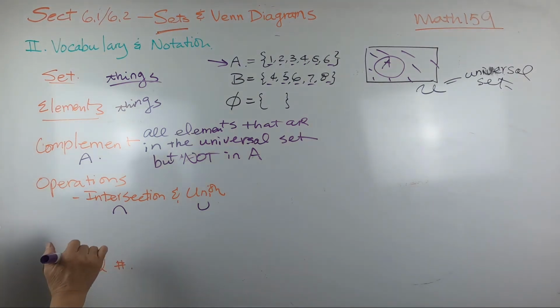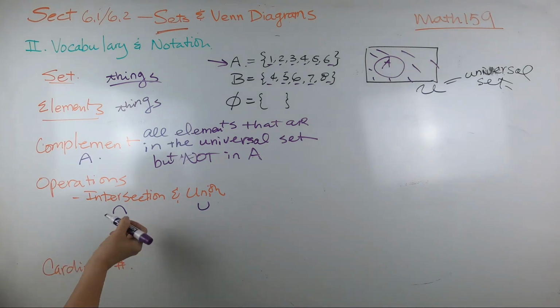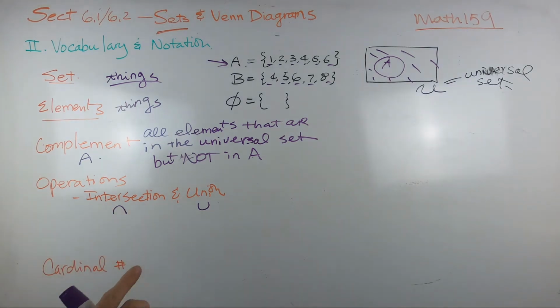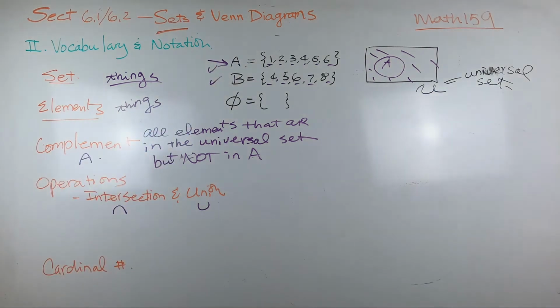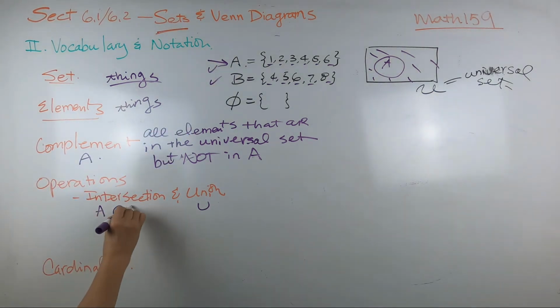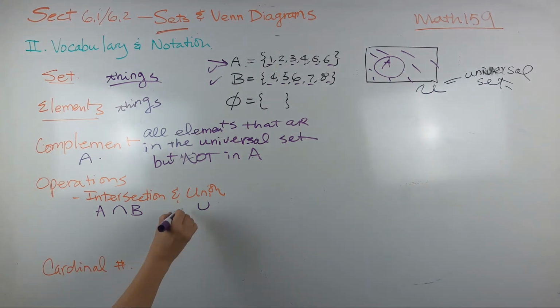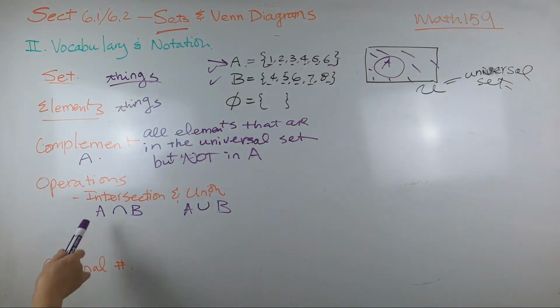So what are intersections? If we say intersection of two sets, we talk about how to operate between two sets. So if we say A intersect B or A union B, what do we mean by that?